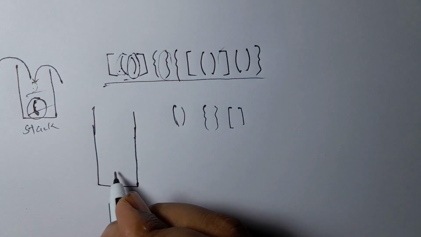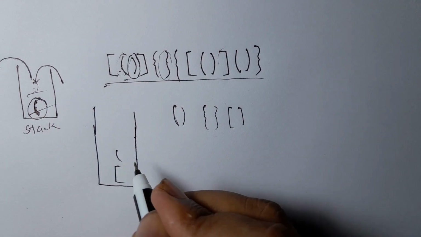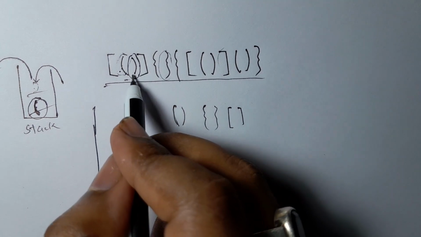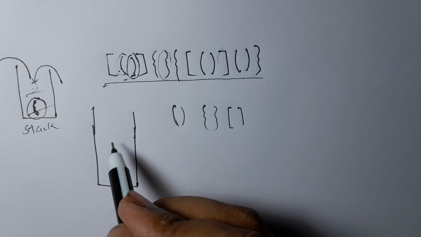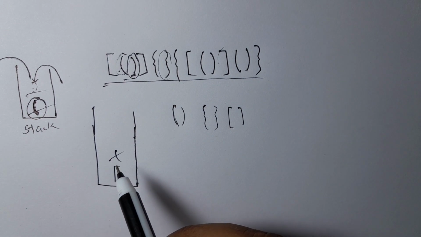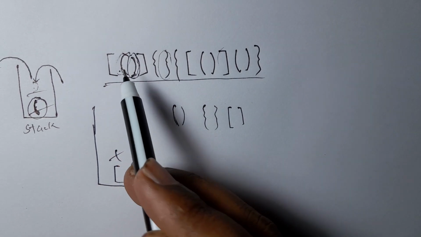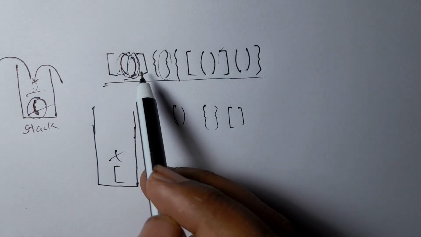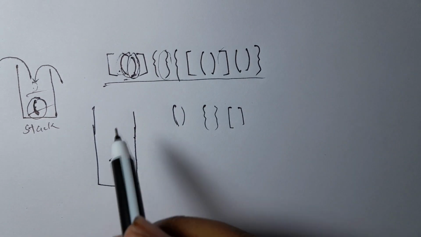Okay, first I have inserted the opening third bracket, then I have inserted the first bracket, then I see there is a closing first bracket. So what I will do, I just pop it out, because this part is already valid, so we need not check it anymore. We have to iterate over the rest of the string.